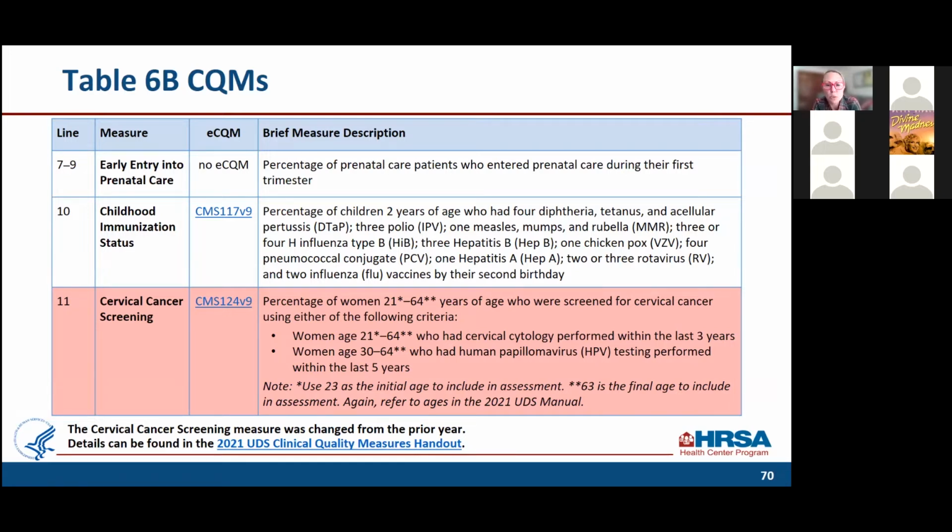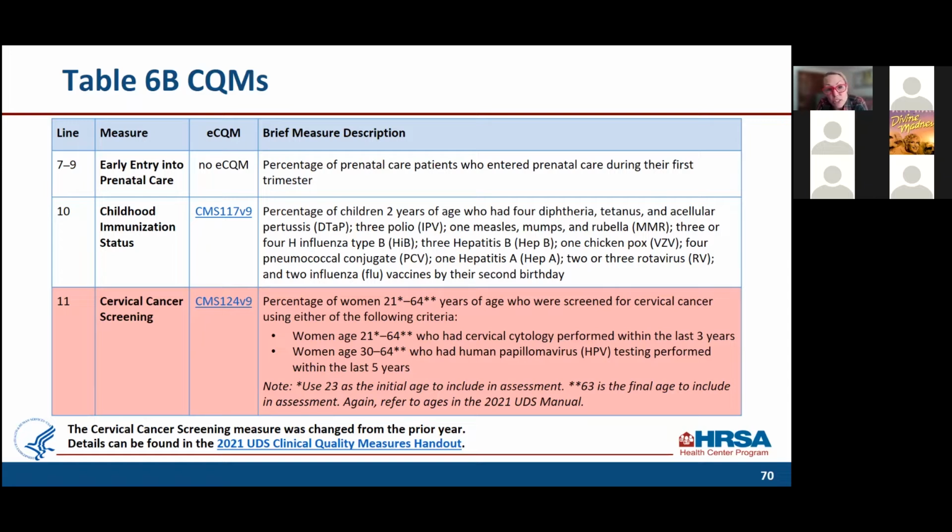Again, go to your UDS manual when you begin to dig in, and you can really research them in more detail as well. This table shows the current version of the measures, and be sure to use that most current version that is, for example, linked in the UDS manual, or you can go to the eCQM Resource Center and check.